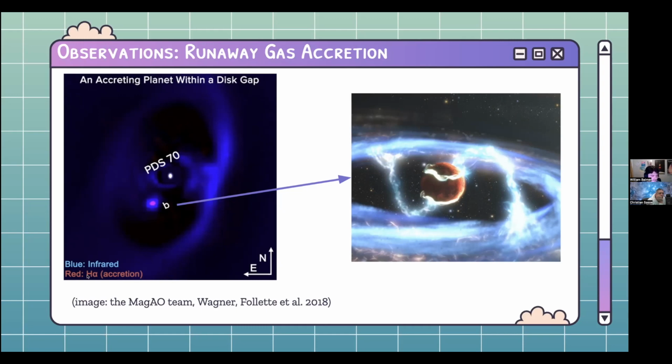This is the hydrogen alpha filter that you might use to take a picture of a supernova remnant. But this filter selects out only that hot emission from this hydrogen gas as it falls onto the surface of the planet. While the rest of the disk glows with very cold infrared emission, the planet is the only thing that's super bright here. That's because it's physically pulling on this new hydrogen gas and heating it up as it hits the surface of the planet.